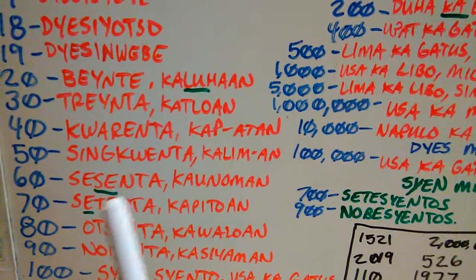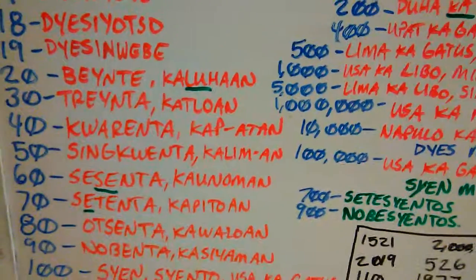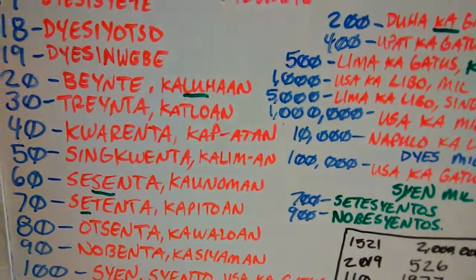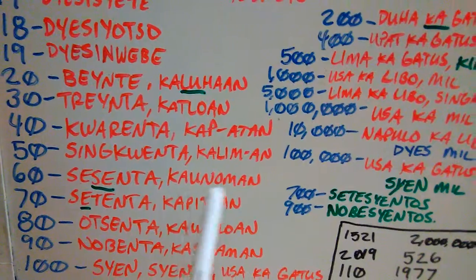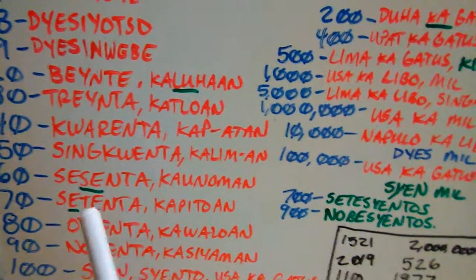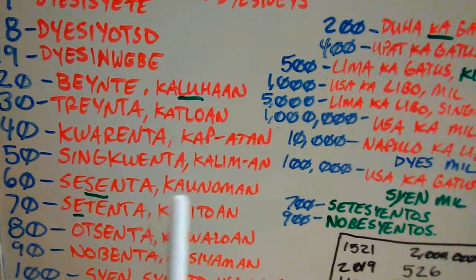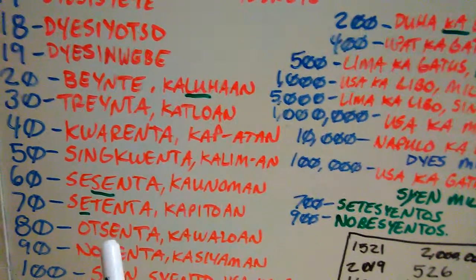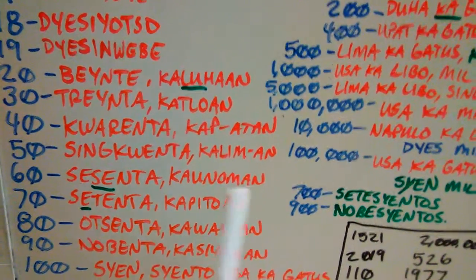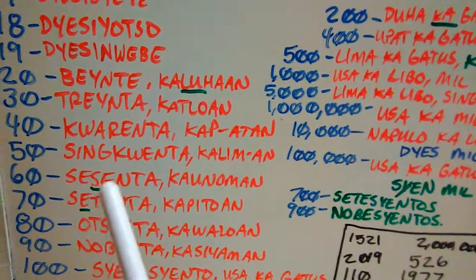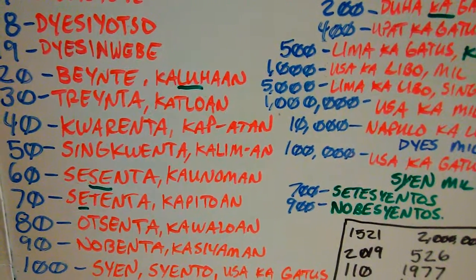However, the Hispanic set has a little bit of an awkwardness to it, but it makes sense if you look at the history. 60 is sesenta. There is a tendency that you probably want to say seisenta for 60, but no, it's sesenta. That's why I underlined the se, okay?